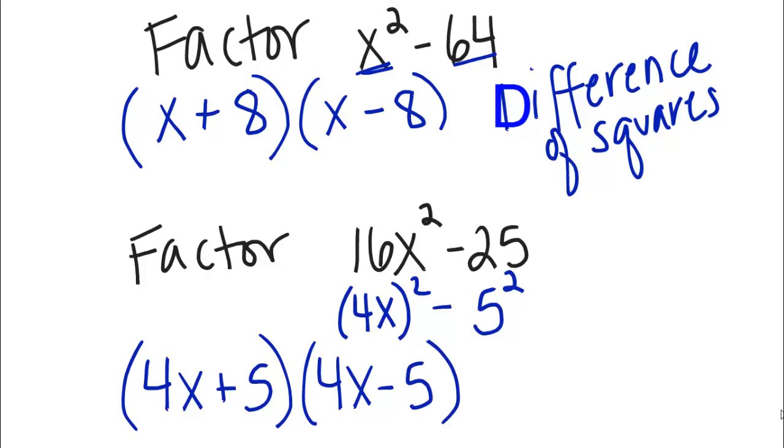If you don't believe me, you can multiply that out and see that the middle terms do cancel out, and we are left with 16x squared minus 25. Differences of squares are common. You'll run into them sometimes. So it's very important to be able to recognize them. Notice, oh, those are two squares. They're being subtracted. We can factor them.